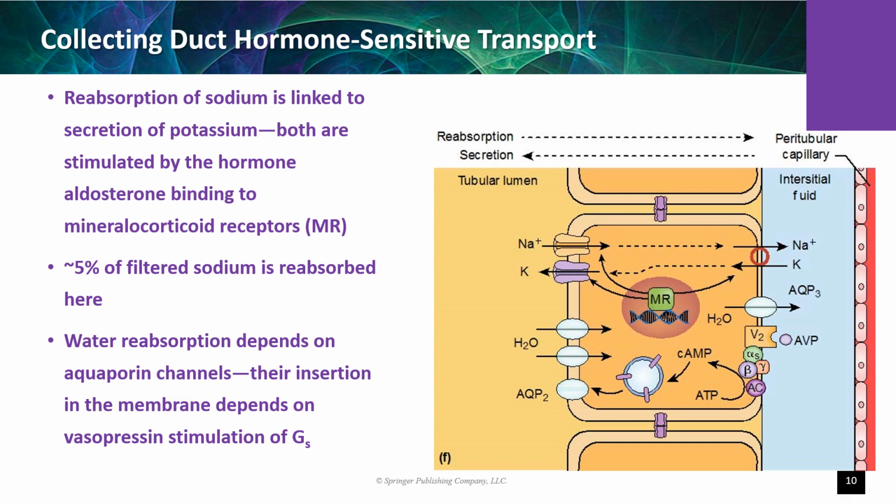Aldosterone stimulates increased production and insertion of sodium and potassium channels in the apical membrane, and it increases the activity of the basolateral membrane sodium-potassium ATPase. This increases sodium reabsorption and potassium secretion in this segment of the tubule.